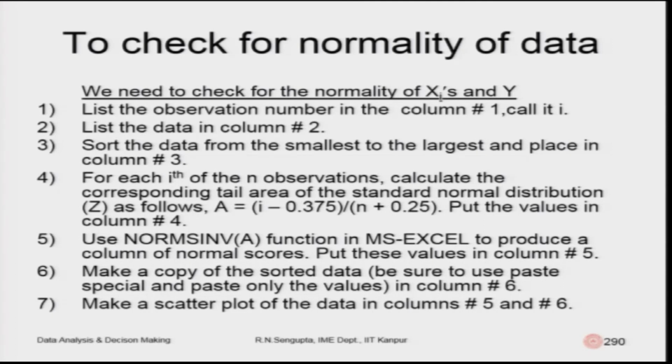So the value is equal to (i minus 0.375) divided by (n plus 0.25). Calculate the values and put them in column 4, use the norm inverse function from Excel and put these values in column 5 based on column 4. Make a copy of the sorted data, put it in column 6, and plot column 5 against column 6.